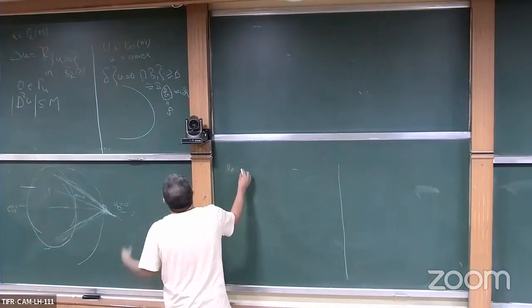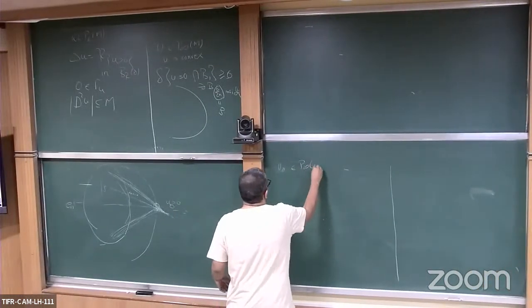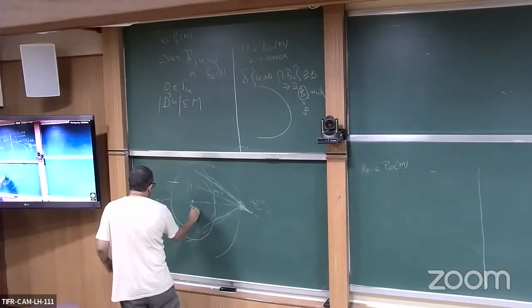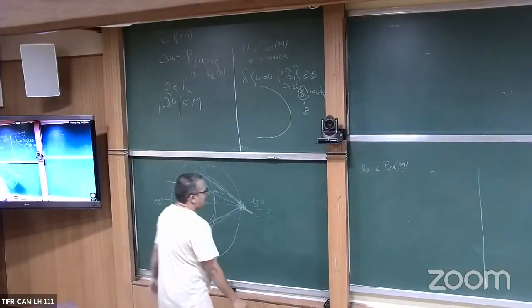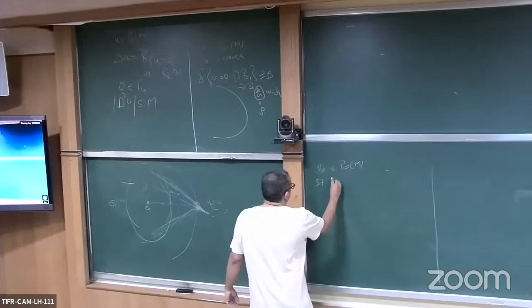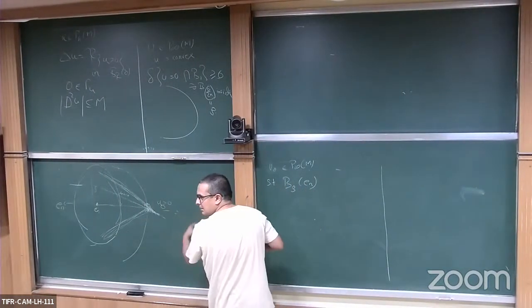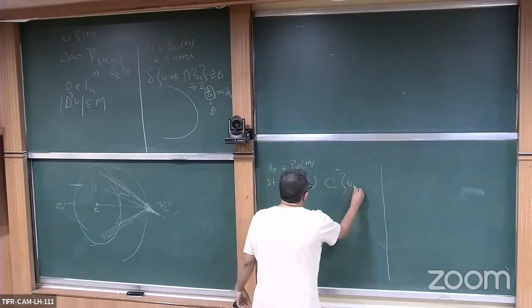U naught is in P infinity M, and let me write this as some En, such that B of rho of En is inside the coincidence set.